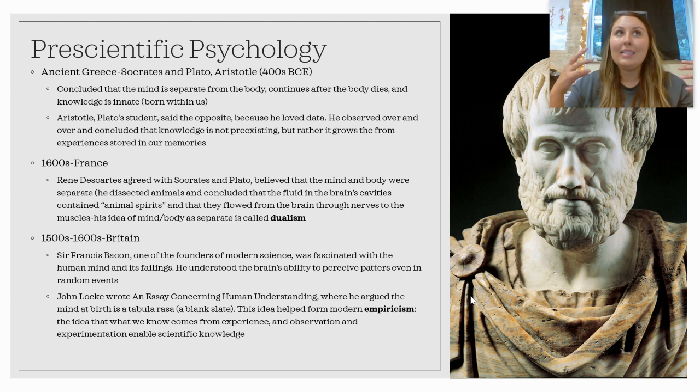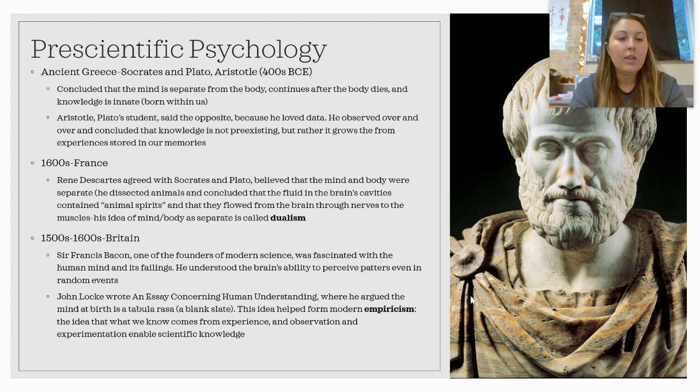In science and psychology, though, we really can't study things that we can't see, like the mind, right? So science believes in the idea of monism, the idea that the mind and the brain are one and the same. Whereas René Descartes believed that the mind and body are separate entities, and this is what we call dualism.